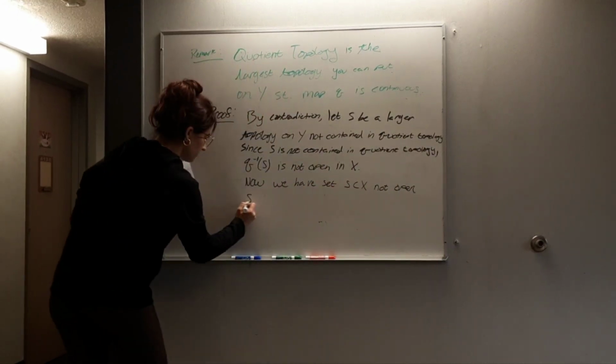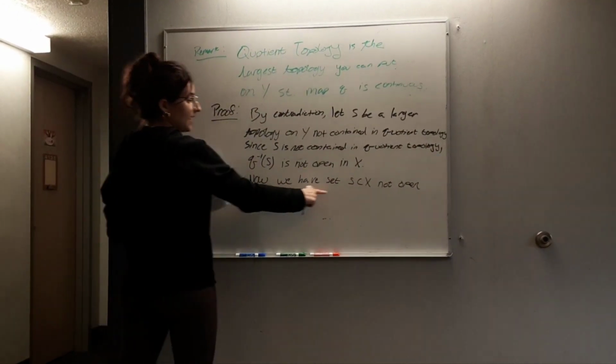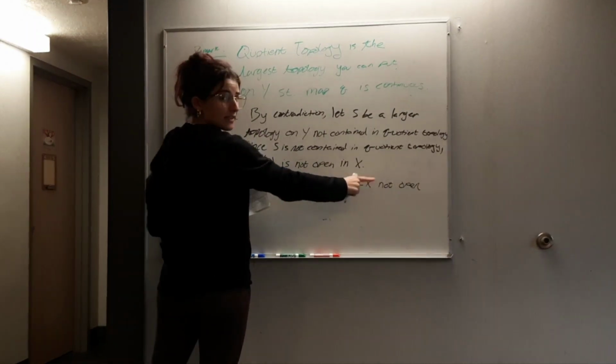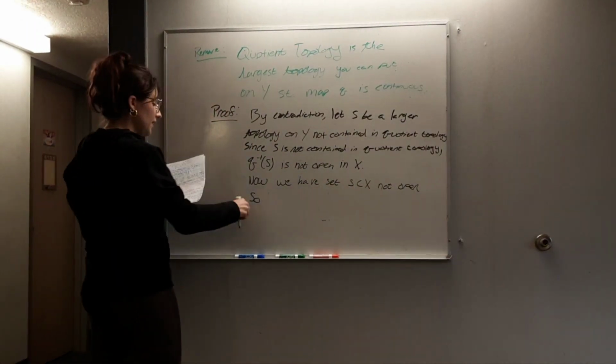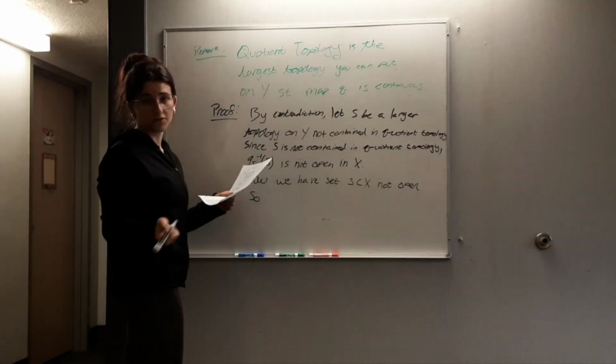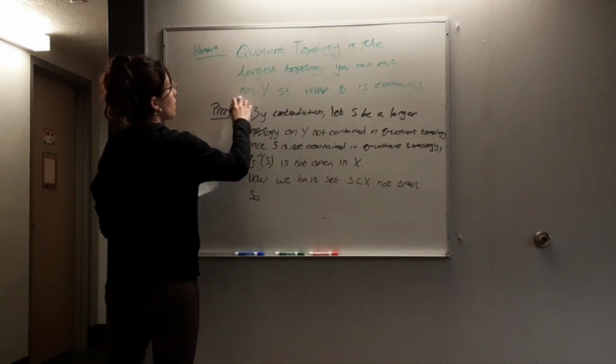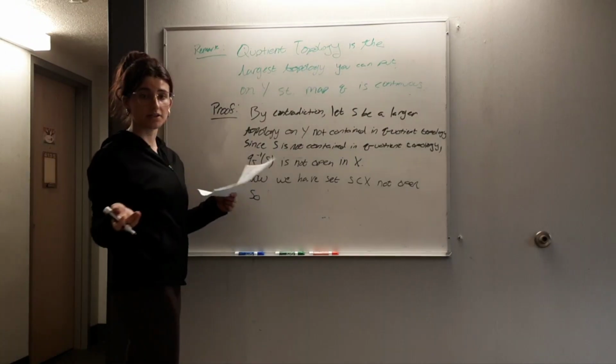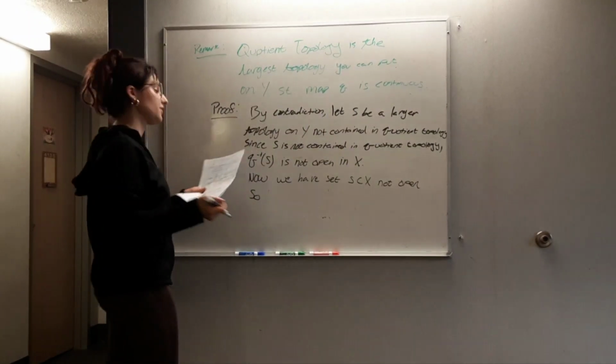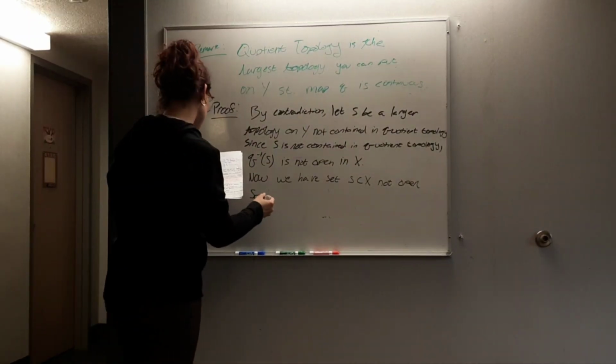So, since the set in X is not open, then we have that Q is not a continuous map. However, we know that Q actually is a continuous map. So this gives us the contradiction that we are seeking.